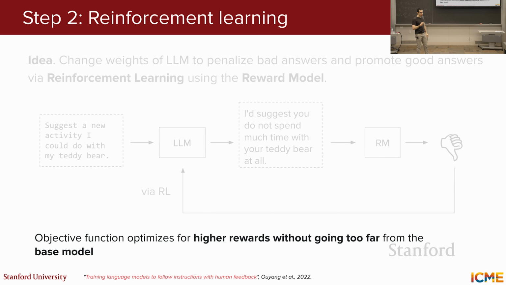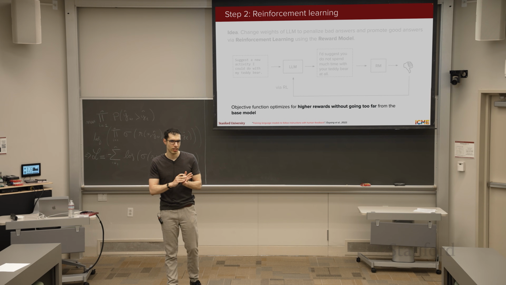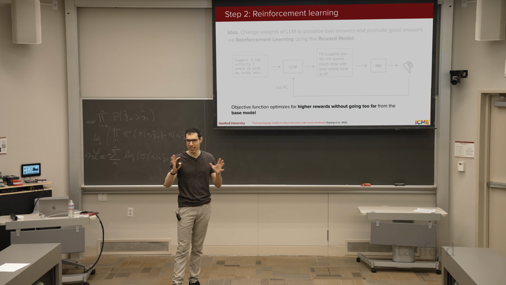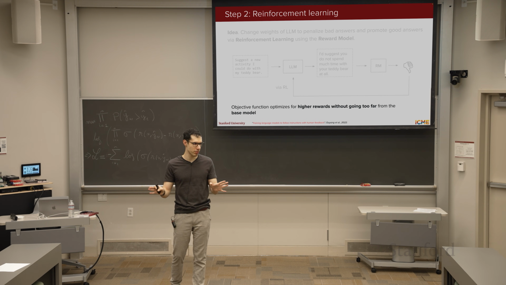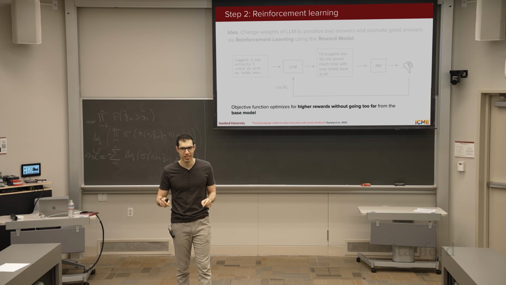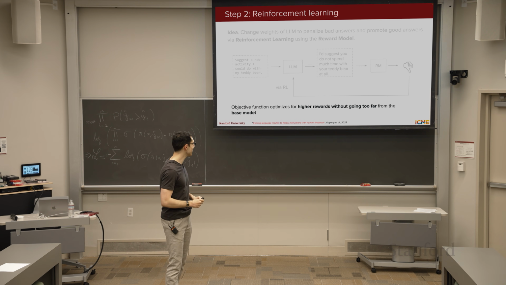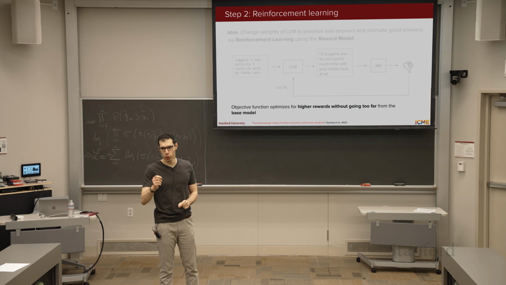Our goal is to optimize for higher rewards, but without going too far from the initial model. I think everyone agrees with optimizing for higher rewards, right? But I just said a second statement, which is that we don't want to go too far from the initial model.